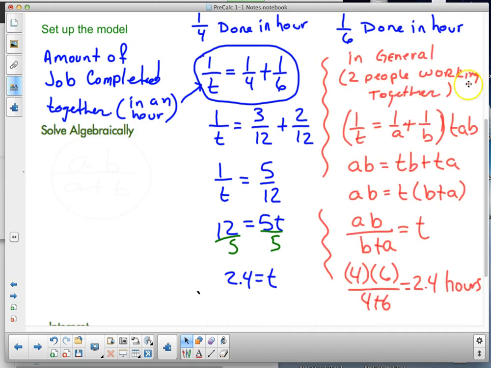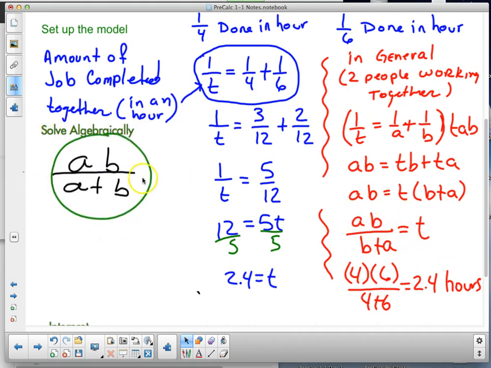In general, 2 people working together, this is basically what I did. If I multiply by t times AB, I get AB equals tB plus tA. So I get t times (B plus A). Well, if I divide by the B plus A, this is a situation that you've seen before. You've done this in Algebra 2, but I derived that formula based on this property and the things that were going on here.